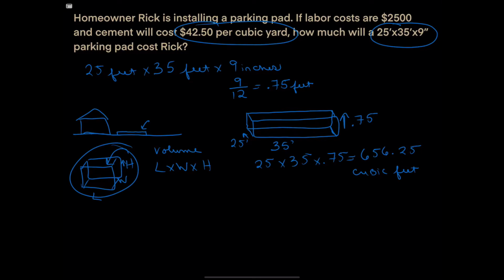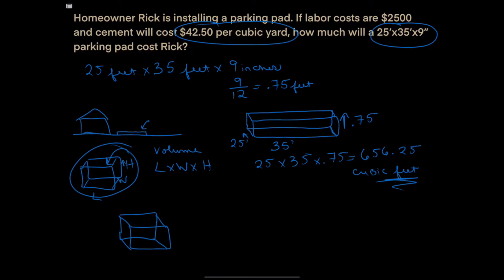So we know it's $42.50 per cubic yard, but what we just found was cubic feet. So we need to know the relationship between cubic yards and cubic feet. Just so you can imagine this, a cubic yard is going to be something that is 3 feet by 3 feet by 3 feet.